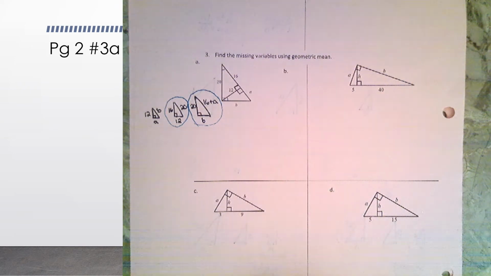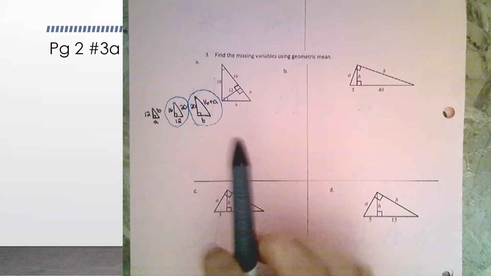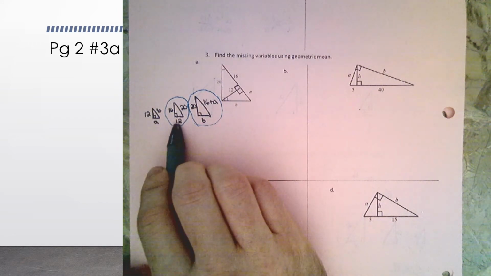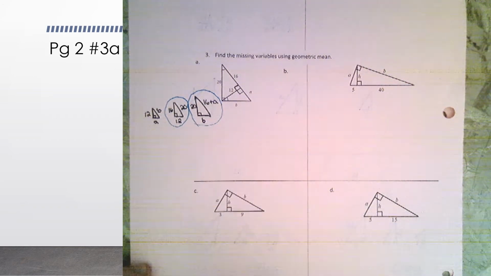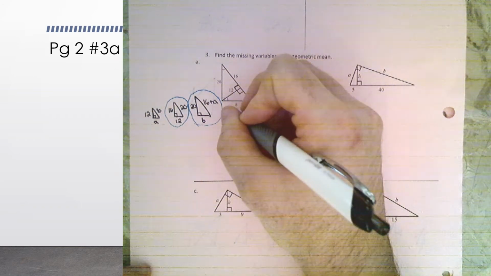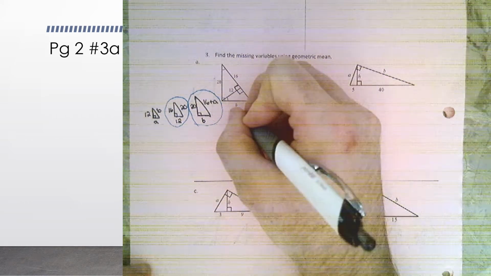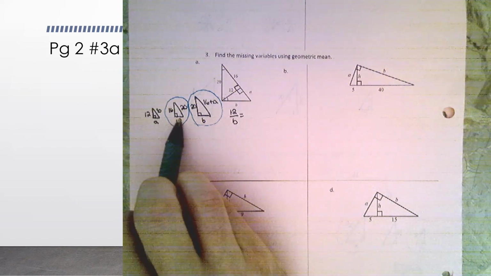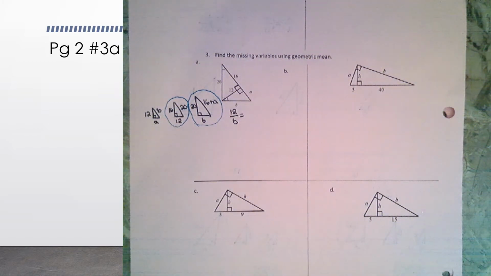So, first thing I want to do is decide if I want to solve for A or B first. I'm going to go ahead and solve for B first. If I look at it with the B, the 12, the short leg, goes with the larger leg where I have the B. So what I want to do is 12 over B. I got the 12 from this short leg, and I paired it with this other short leg.